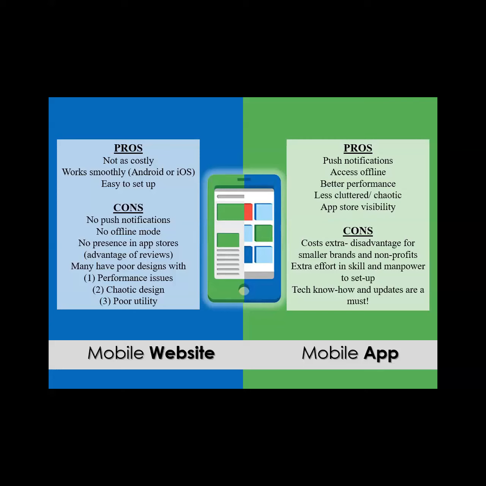The cons, of course, include no push notifications, no offline mode, no presence in app stores, and many websites on mobile have poor design. Alternatively, mobile apps do offer push notifications, can be accessed offline, often have much better performance, and app store visibility.